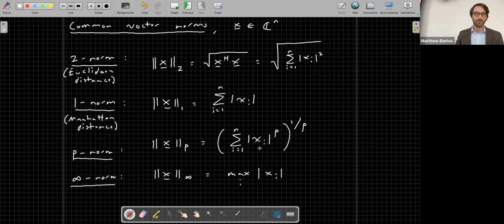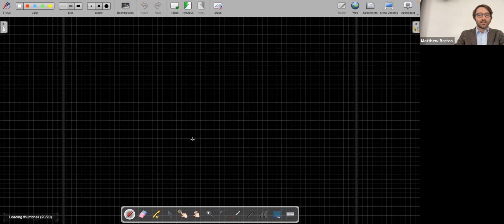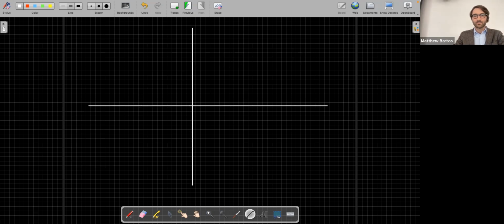And I'm going to go through an example really quickly, just to show you concretely for a vector in R2 what each of these norms looks like. Okay, so let's say we have a plane here. And let's say we have a vector. Actually, let me draw out some tick marks here.